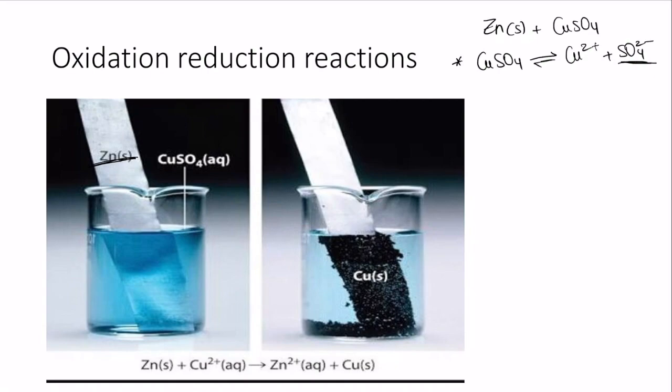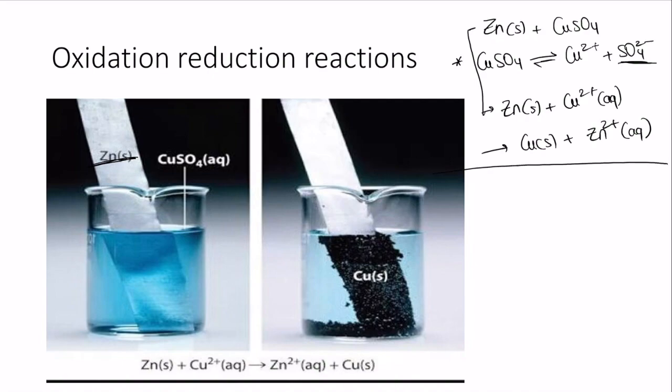It is involved in the reaction, but right now I'm not really interested in it. So let's write it this way: I have Zn as a solid plus Cu2+ as aqueous, giving Cu as a solid plus Zn2+ as aqueous. This is the reaction.